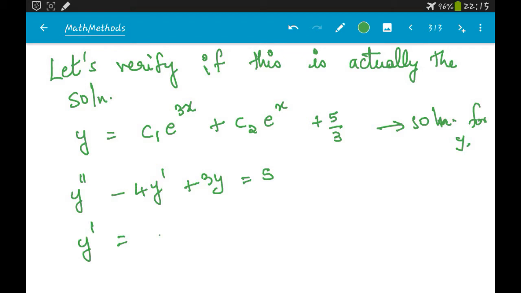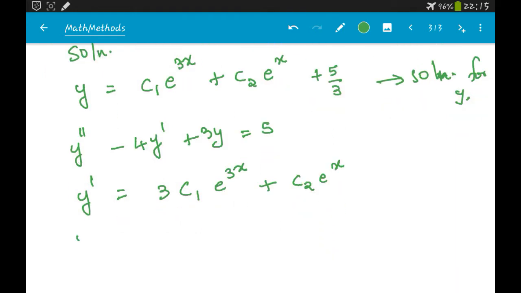Y dash is going to be 3 c1 e power 3x plus c2 e power x, and y double dash is going to be 9 c1 e power 3x plus c2 e power x.